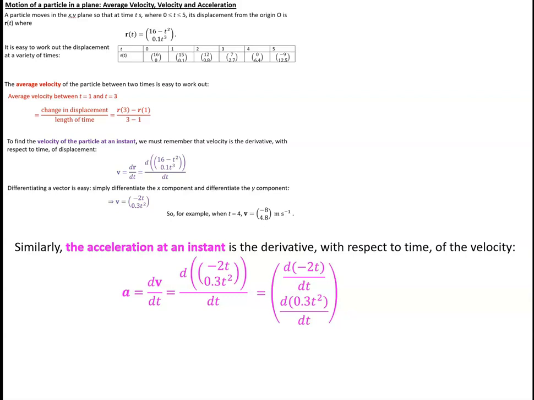So the derivative of minus 2t is simply minus 2. The derivative of 0.3t squared is 0.6t. So the acceleration vector is the vector minus 2, 0.6t. So, for example, when t equals 4, the acceleration of the particle is given by the vector minus 2, 2.4 meters per second squared.